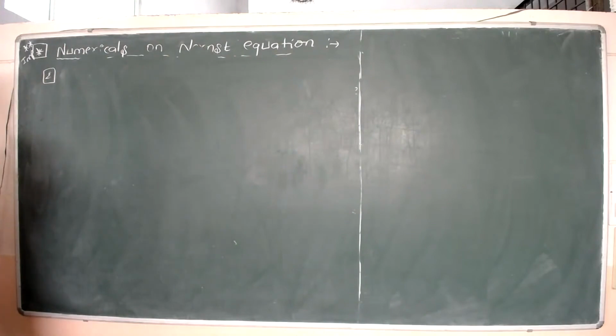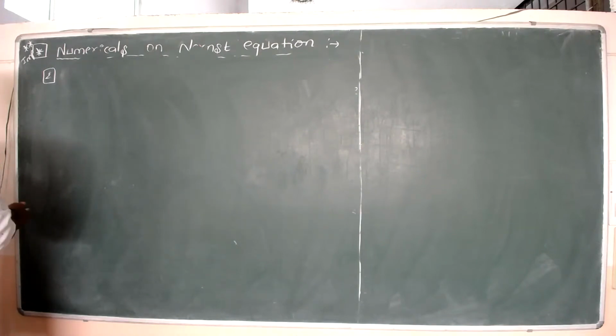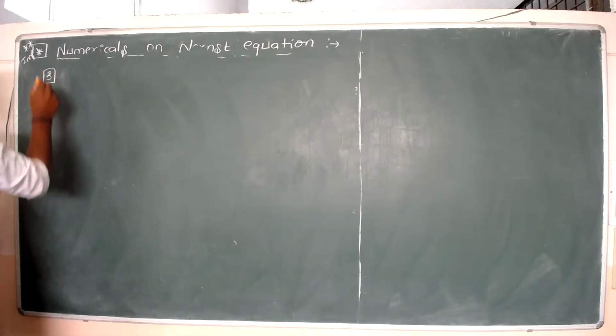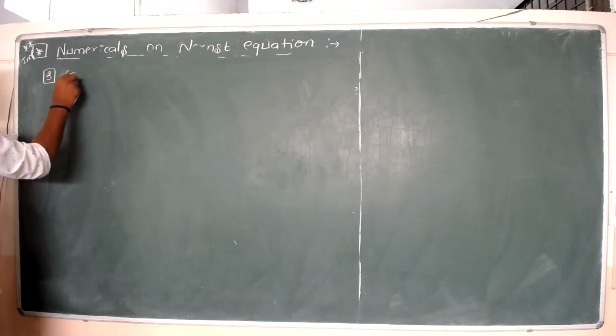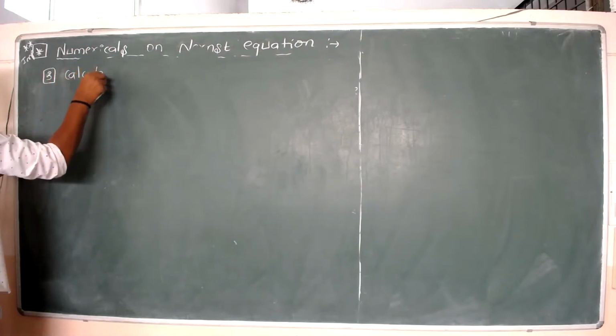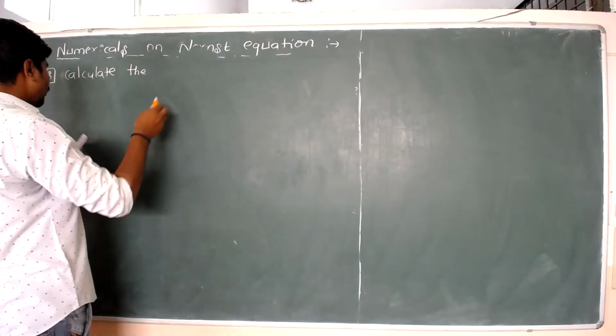Third one is calculate the EMF. We will take another one, that is calculate the potential of hydrogen. I am taking different types of problems. Third one is another type, that is calculate the potential of hydrogen.